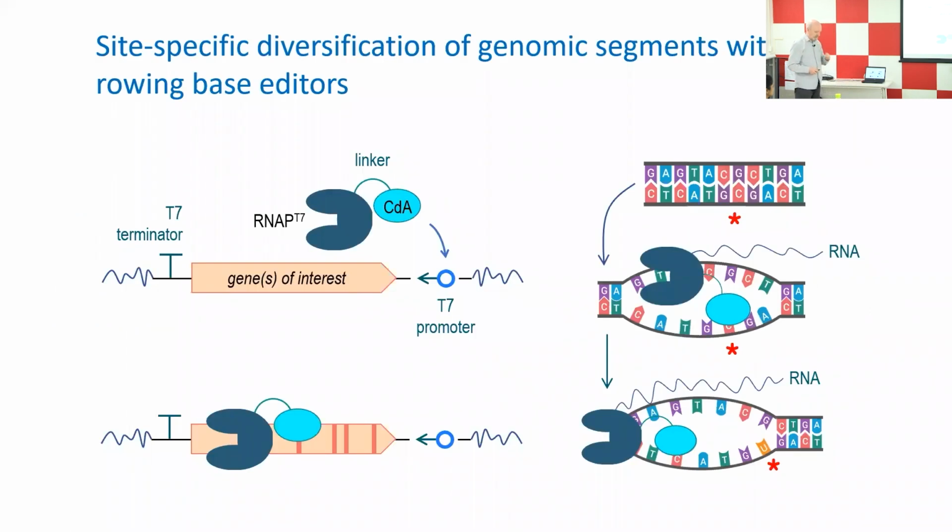There's another, in my opinion, super smart approach to hyper diversify specific chromosomal segments, sparing the rest. And in this particular case, it goes as follows. Sometimes I talk about things and I assume that you remember what I said in previous classes.